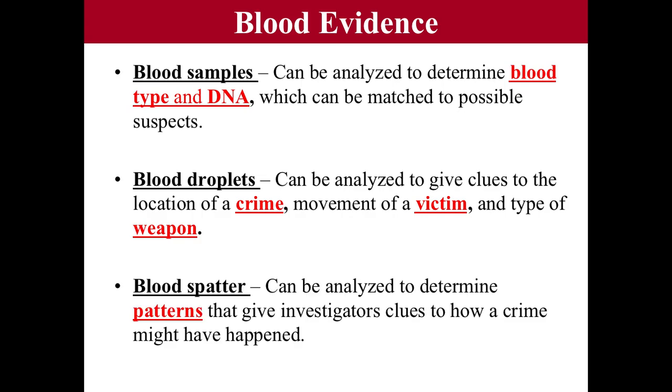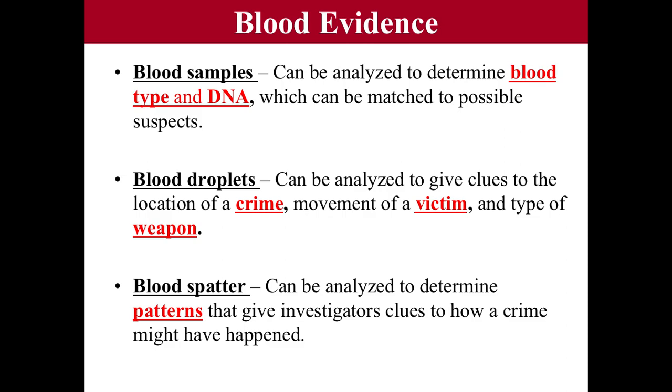And then the major thing with blood is blood spatter. Okay, really pay attention. It's not blood splatter, but blood spatter. There's no L. Well, it can be analyzed to determine the patterns that give investigators clues to how a crime might have happened.